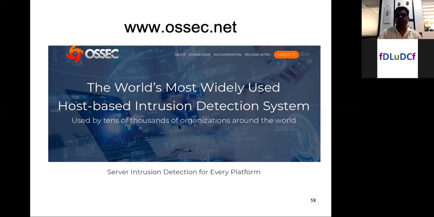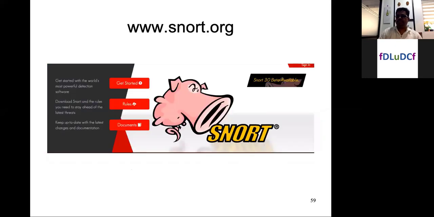Then when you move on to network-based IDS systems, Snort is the most popular and oldest NIDS system in the world. Even some commercial IDS systems have the Snort engine as the back end. They develop a front end, because Snort is not simple to configure.